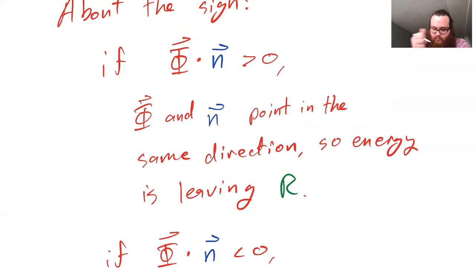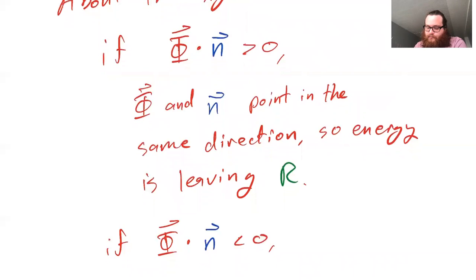Since the normal vector is the outward pointing normal vector, pointing away from the interior, if phi and n point in the same direction, then we have energy that's leaving R. That normal component is positive, so whatever the general flow is, there's some part that's tangential to the normal that can be doing whatever. But the normal component is positive, so it's flowing in the same direction as the normal vector, so it's leaving the region.